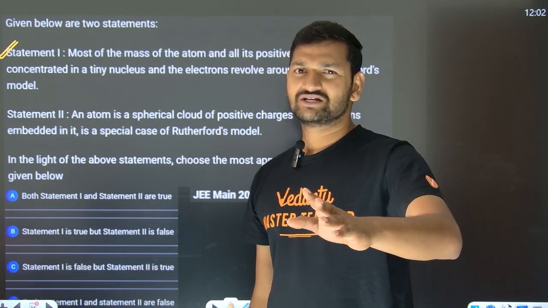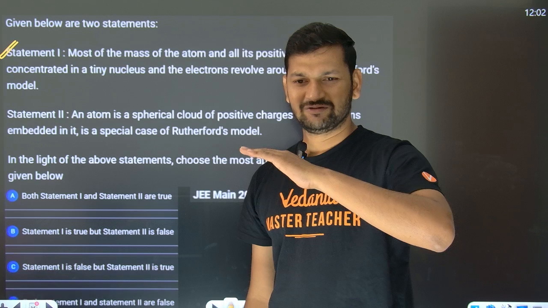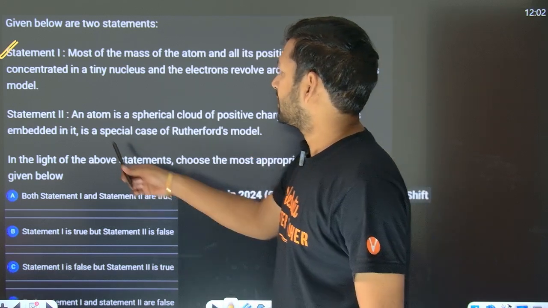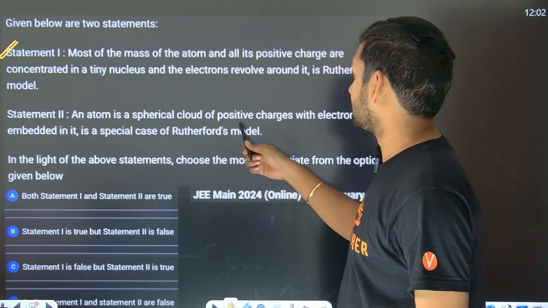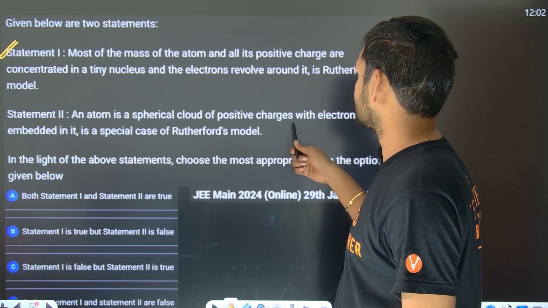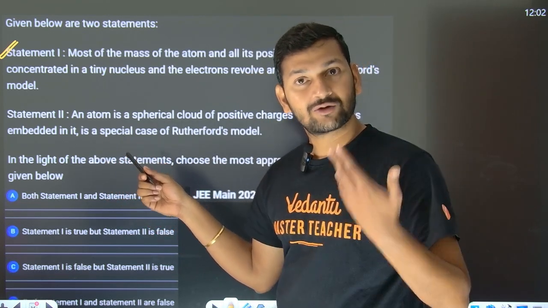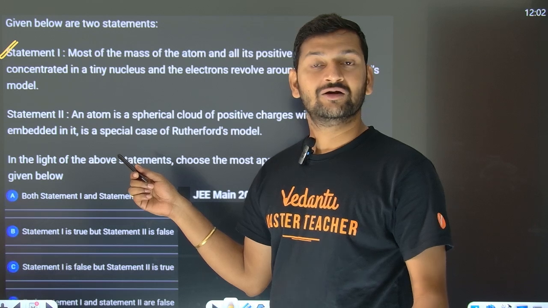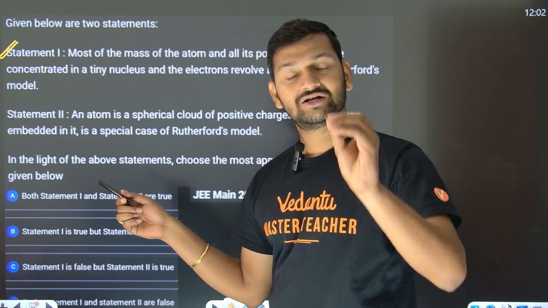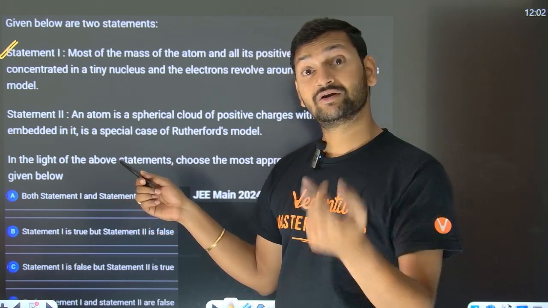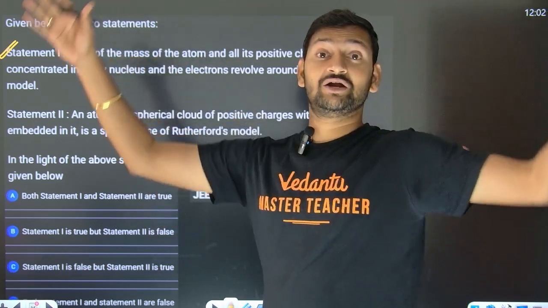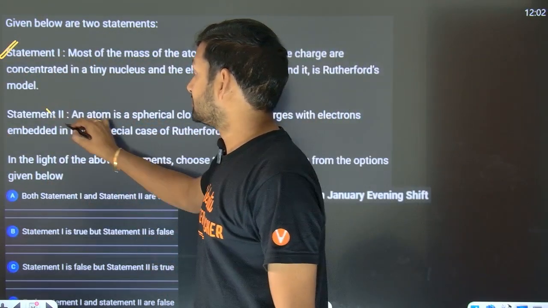Whenever I see statement 1, statement 2, correct explanation, wrong explanation, I'll be very frustrated with that. Statement 2: an atom is a spherical cloud of positive charges with electrons embedded in it. Come on, man. That's not what Rutherford has said, right? Rutherford said that the whole positive charge is concentrated at one location and electrons revolve around the nucleus, not the positive charge spread throughout the volume. Statement 2 is definitely wrong.